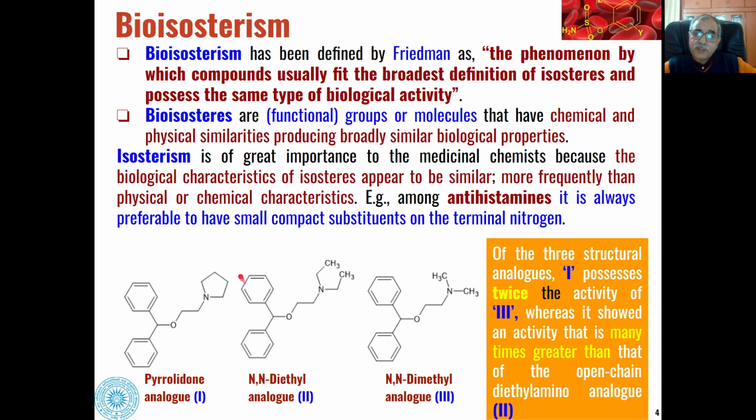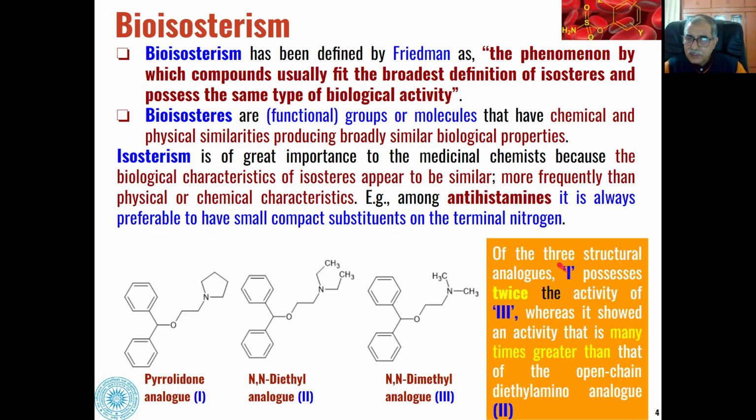For example, if we compare these three, this tertiary amine has a cyclic structure, whereas these two have open chain structure, and this nitrogen is attached to two ethyl groups, whereas this nitrogen is attached to two methyl groups. And as I have told you, preference is for small compact substituents on the terminal nitrogens in the case of antihistamines. So all these compounds act as antihistamines.